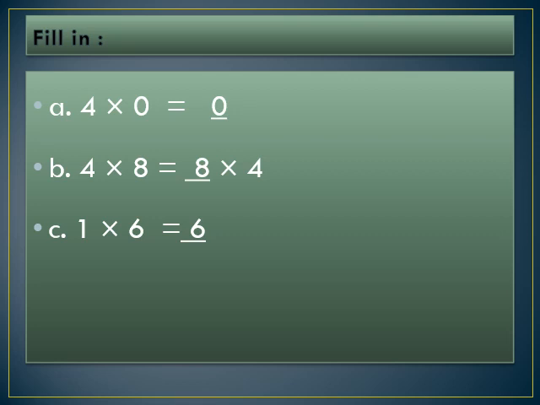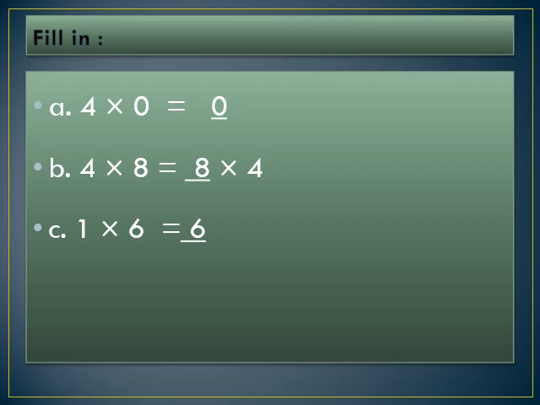Children, as you have already learned about multiplication properties, any number when multiplied with 0, we will always get 0 as a product. So here 4 into 0 is equal to 0. So we write 0 here.